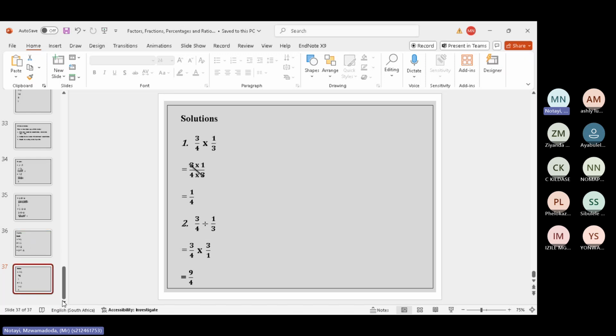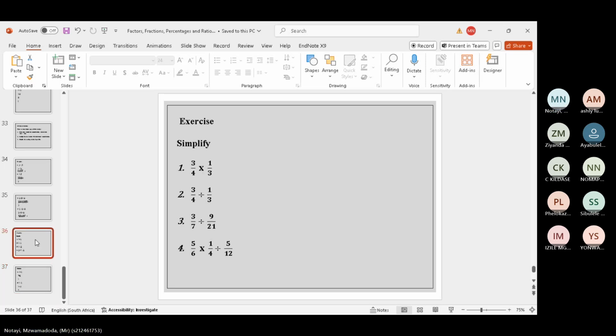I don't have the third and fourth solution, but I see you guys got it correct. So we have 3/7 divided by 9/21. You change the second fraction into 21/9 and change the division into multiplication.